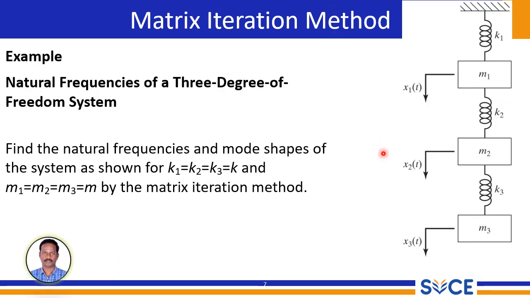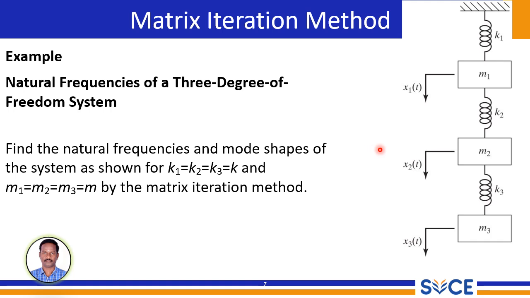Now that we have discussed the theory and procedure of the matrix iteration method, let's look at a practical example to see how it is applied. This slide presents a classical problem in vibration analysis, that is, finding the natural frequencies and mode shapes of a 3 degree of freedom system.